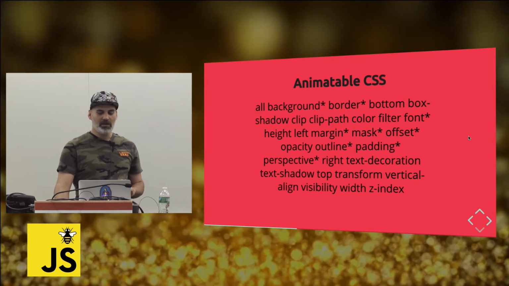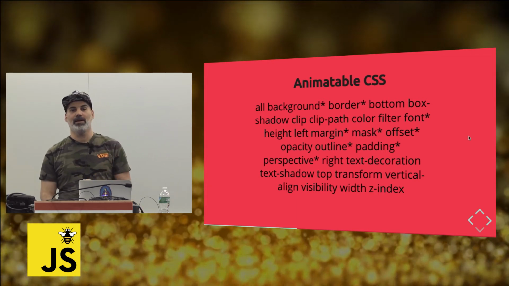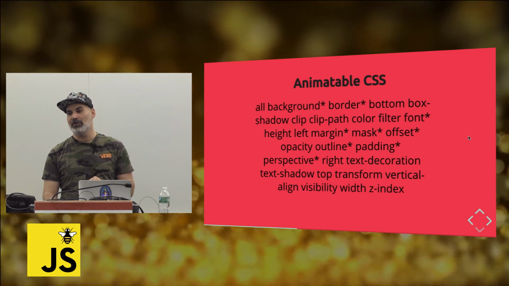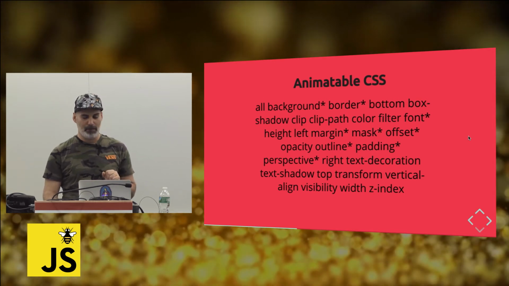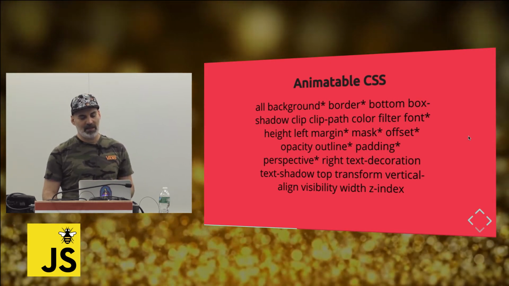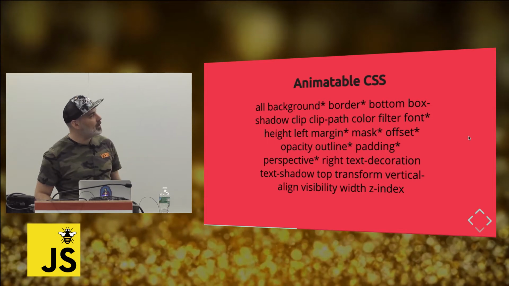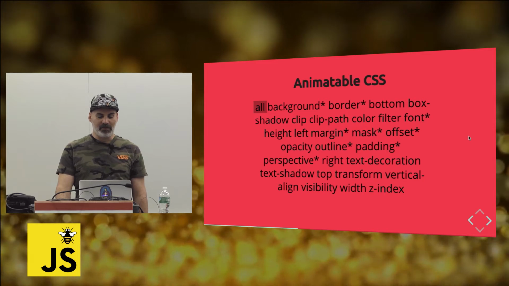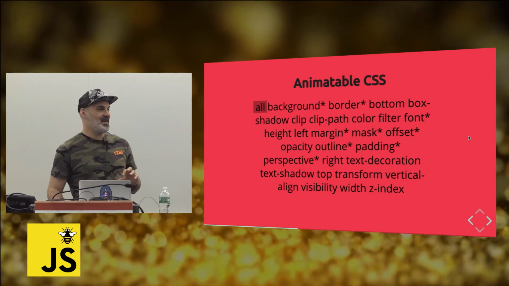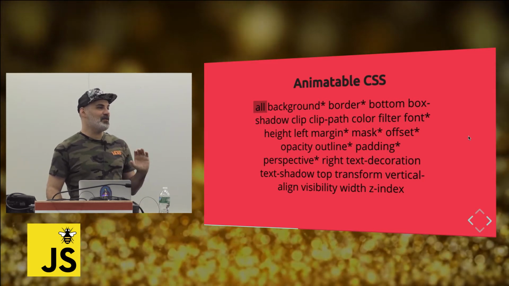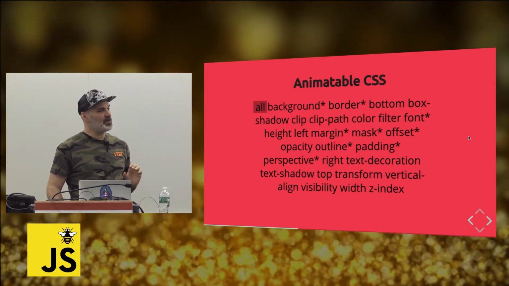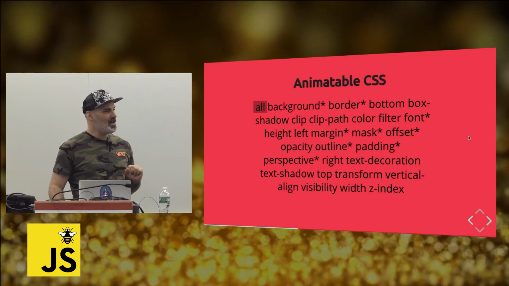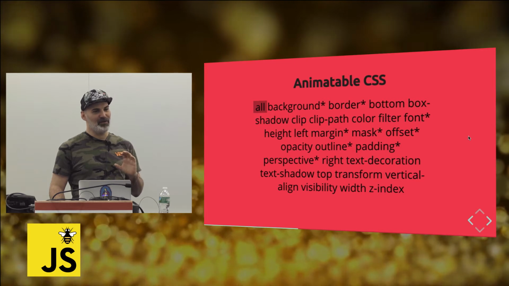And when we are using animations, we need to pick properties that we can animate. Not all of the properties are able to participate in an animation, and this is a list of all of them. One thing that I discourage you is to use all. That means that the browser is going to look into all of the properties in your element, and is going to animate all of them together.